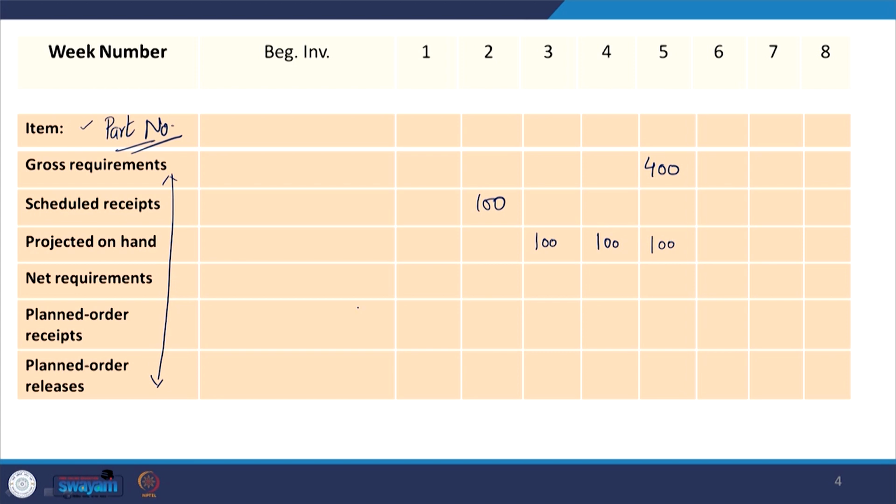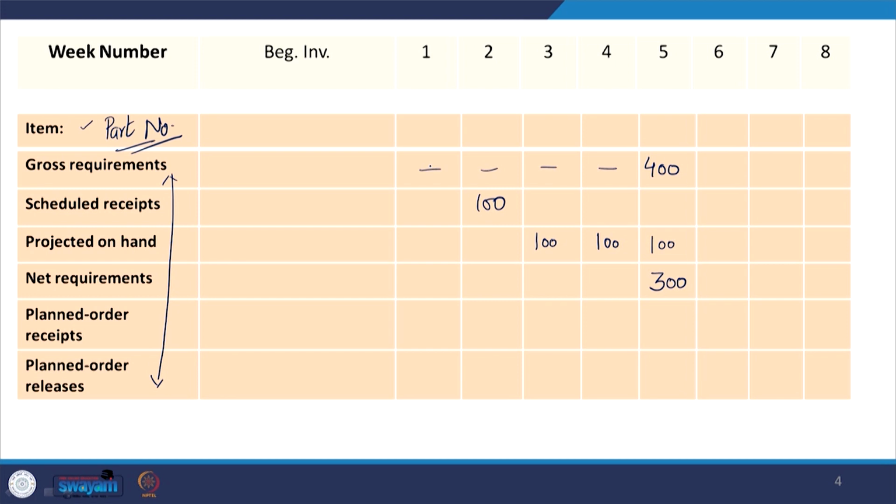Net requirement for the fifth week is 300 units, because there is no requirement in the earlier periods.